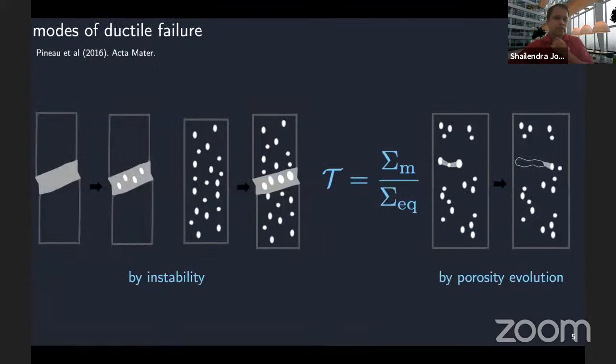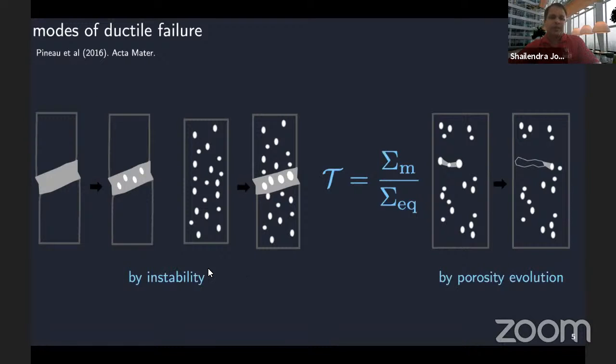So if you go into the basics of ductile fracture or ductile failure, and this is a beautiful paper I would recommend to anybody who is interested in understanding brittle and ductile fracture, by my colleague and collaborator, Professor Amin Benzerga, and his collaborators, Professor Pinot and others, where they talk about fundamental aspects of both experimental and theoretical aspects of ductile failure.